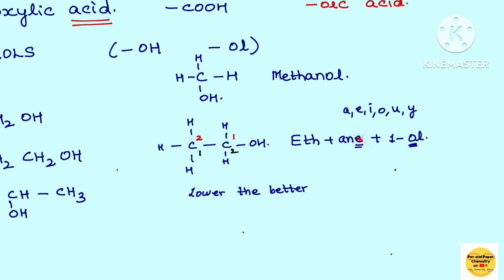So if my previous word is ending with A, E, I, O, U or Y, it is done away with and we write the name of the compound as ethane 1 ol or simply ethanol, because if you recall, I told you we don't write 1x in algebra, we simply write it as x. Position number 1 is generally not depicted by the number 1. It's simply indicated as ethanol.